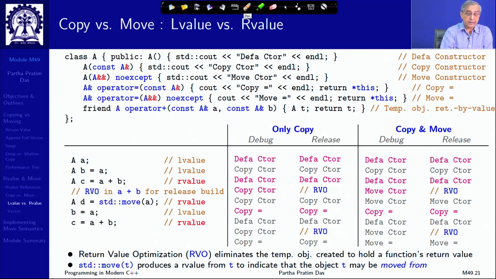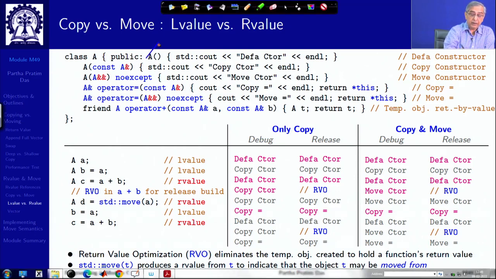So, here is a class A which has a default constructor, a copy constructor, a move constructor, copy assignment operator, move assignment operator, and a binary operator which does not as such do anything. It just creates a temporary result object and returns that object. In between, of course, you will have the actual computation to be done.